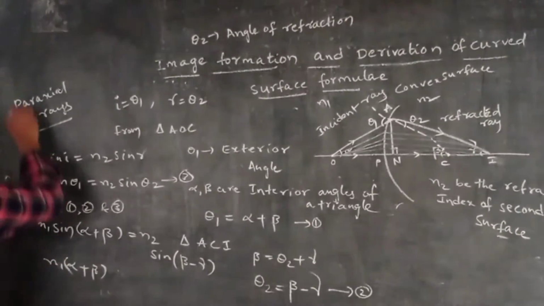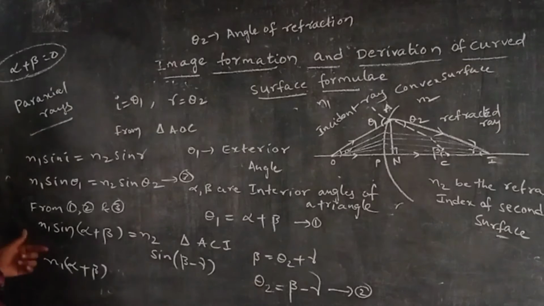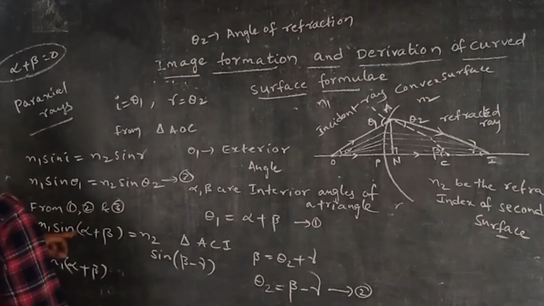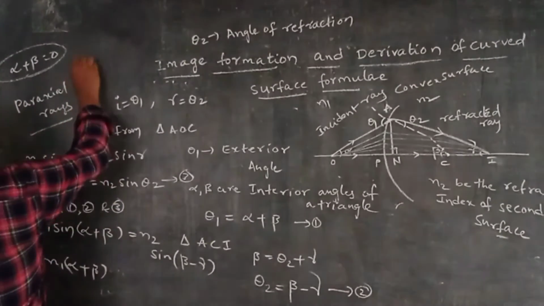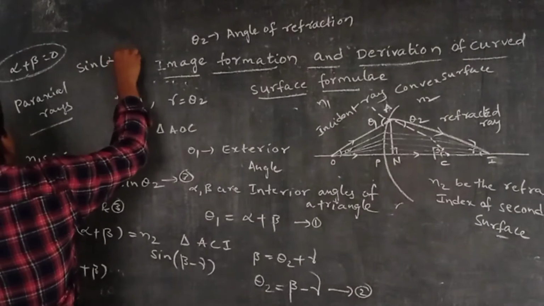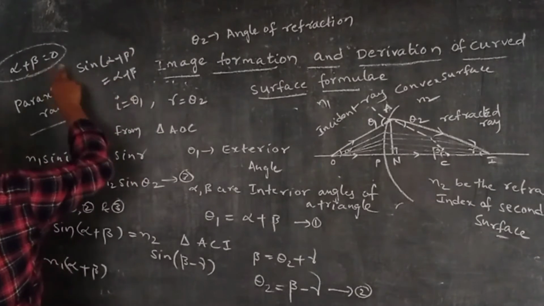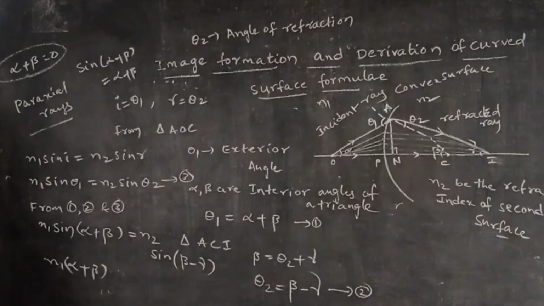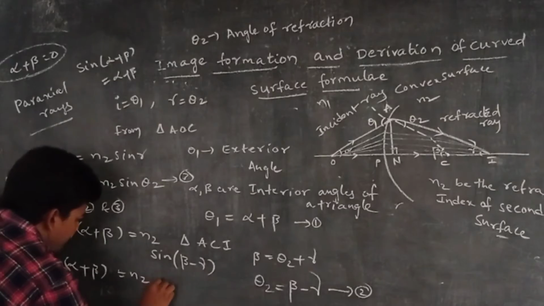The angle made by alpha and beta is 0. Sin 0, what is the value of sin 0? 0. So sin of alpha plus beta is equal to alpha plus beta. Like that, n1 into alpha plus beta is equal to n2 into beta minus gamma.